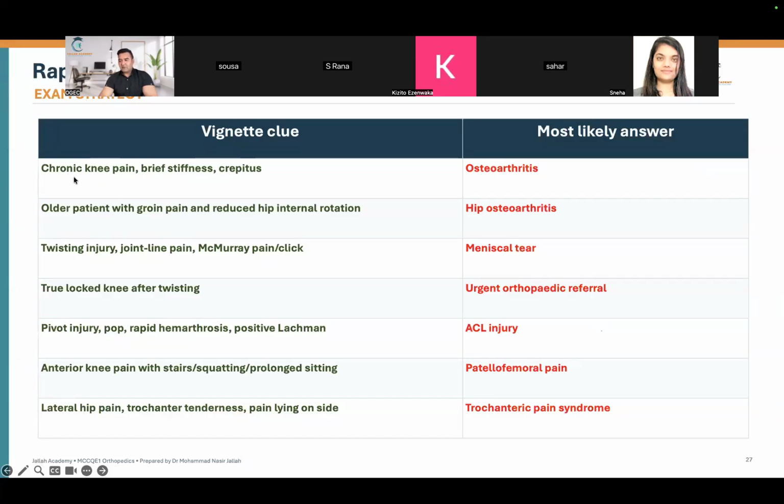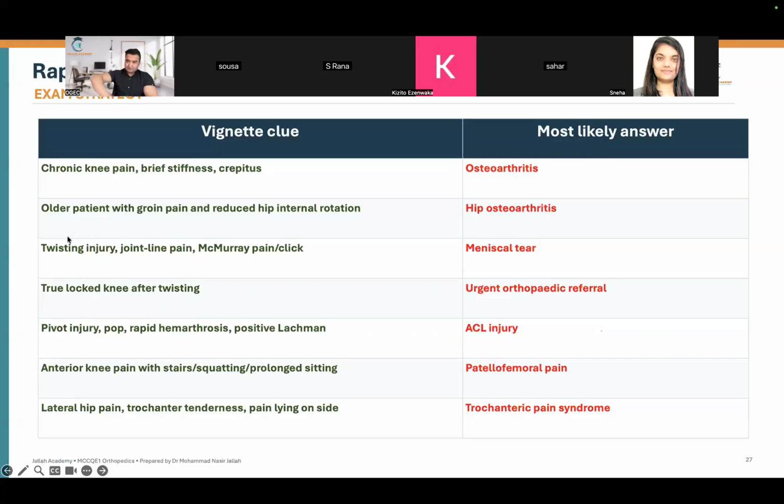So you have a patient who has chronic knee pain, brief stiffness of 15 minutes in the morning, and crepitus. What is the most likely diagnosis? Osteoarthritis. Older patient with groin pain and reduced hip internal rotation. What is your diagnosis? Hip osteoarthritis.